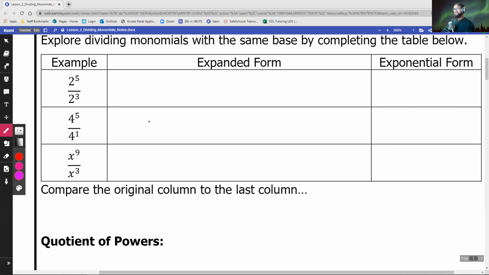So when we actually write this out, we get something that looks like 2 times 2 times 2 times 2 times 2, 1, 2, 3, 4, 5, all over 2 times 2 times 2, 1, 2, 3. Yep, that's what we get when we do this portion here.